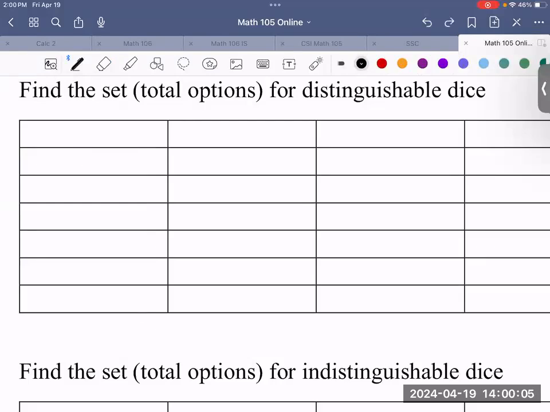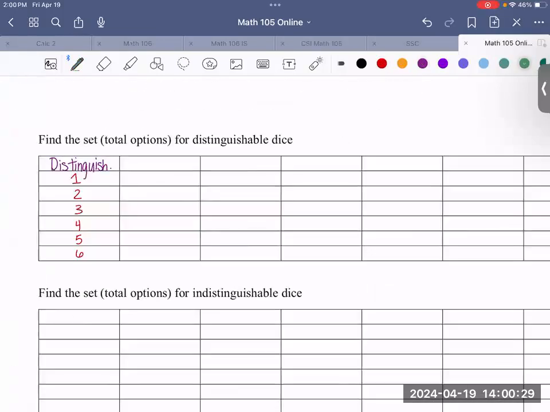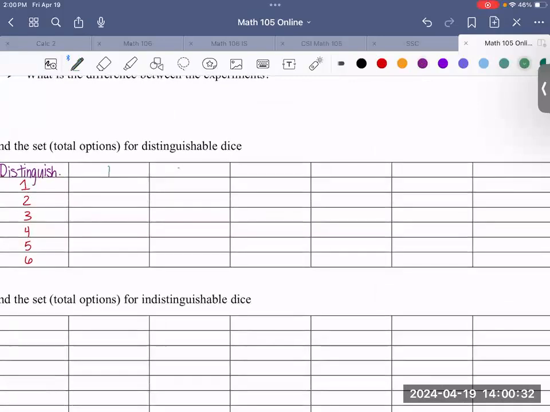So let's say I threw a 1 and a 1. Let's actually say this is, oh, that's probably why. This is distinguishable. So I'll have a red dice, 1, 2, 3, 4, 5, 6, and a green dice, also throwing 1, 2, 3, 4, 5, and a 6.